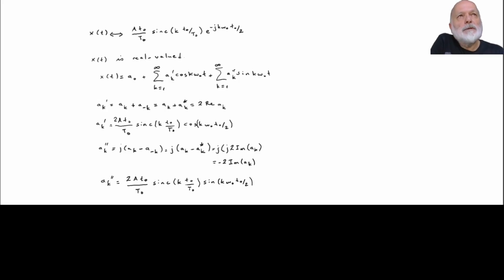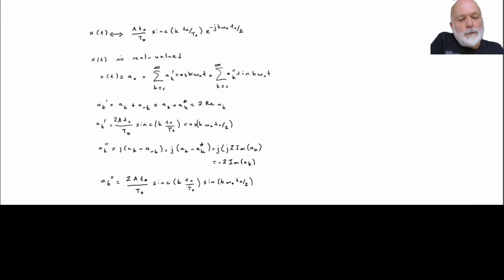Now it may be a nice exercise to try to evaluate these coefficients ak prime or ak double prime by using the expressions we have derived during our discussion related to the trigonometric form of the Fourier series.